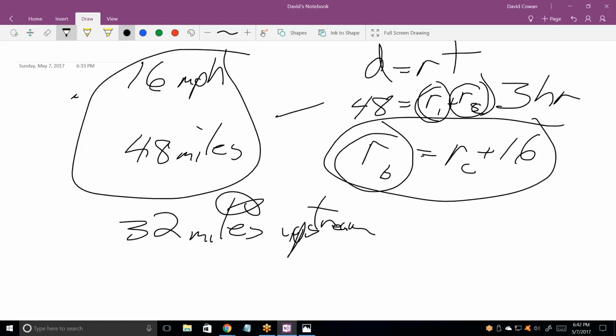Well, that makes the speed of the boat 16. Okay? So I think I can write the speed of the boat equals 16.